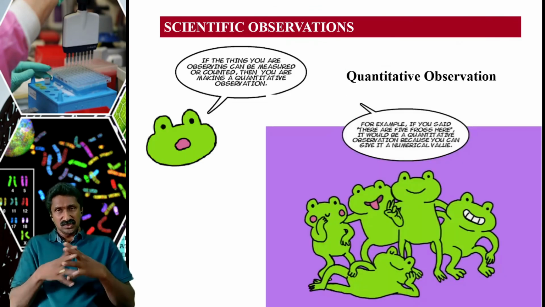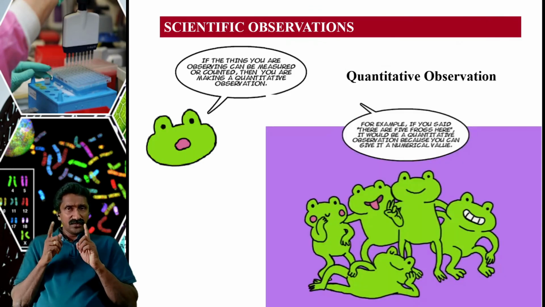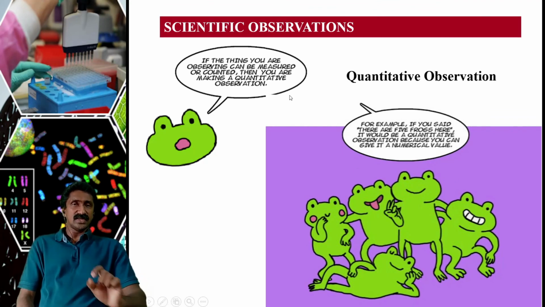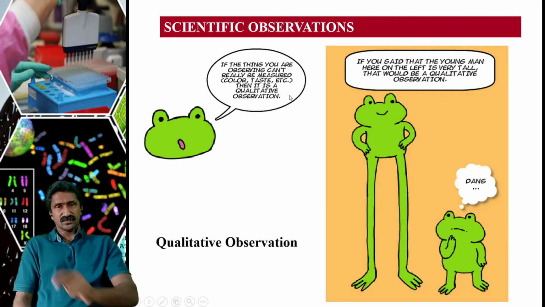Now, if the thing you are observing can be measured or counted, then you are making a quantitative observation. For example, if you said there are 5 frogs here, it would be a quantitative observation because you can give it a numerical value. So if you can count the results and give them a numerical value, then that is a quantitative observation.